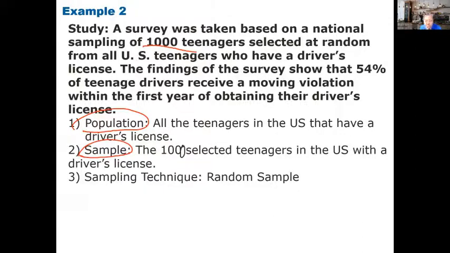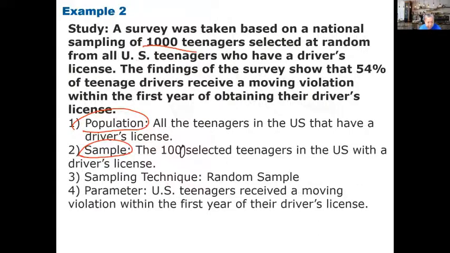Okay, then what's next? Then in this case, what could be parameter? So parameter is the data from the population, right?